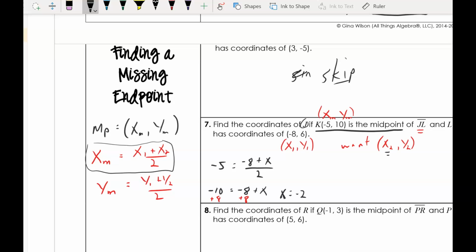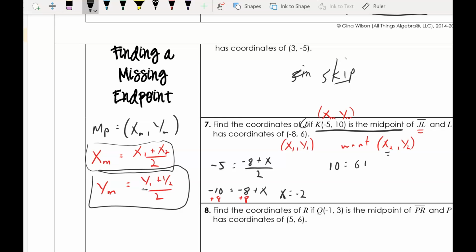Now we're going to set up the same thing with the y. Remember, y sub m is the one of the midpoint. I would underline the one that's the midpoint so you know where the m's are. So for the y sub m, we're going to use this formula now. The y sub m is 10. So we have 10 equals y sub 1, which I put over here as 6.